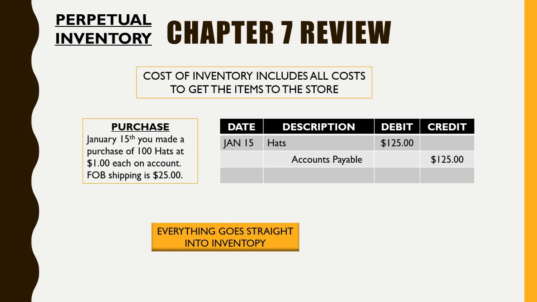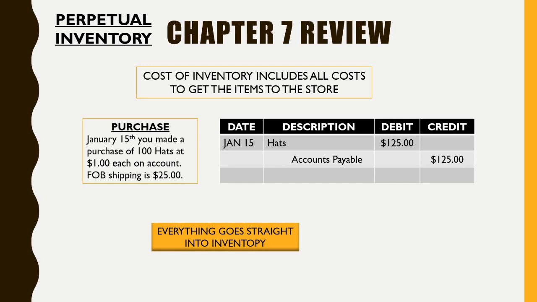All right, so today we learned about perpetual inventory, how when we actually purchase our inventory, we recognize it as the actual inventory item itself, and everything is just going to be placed into inventory, right? All expenses, including sales tax, freight expense, all those extra costs, are all just going to go into the same account, inventory.